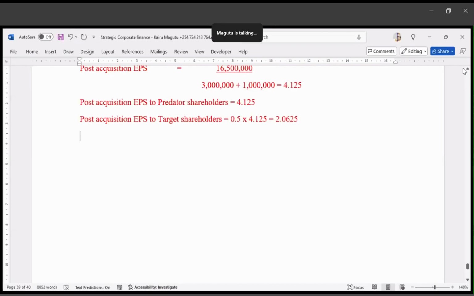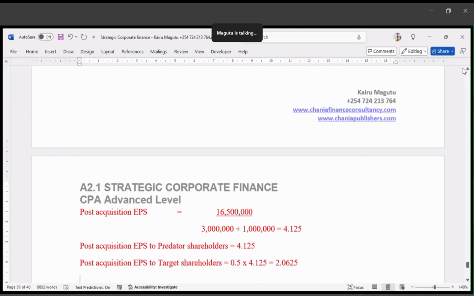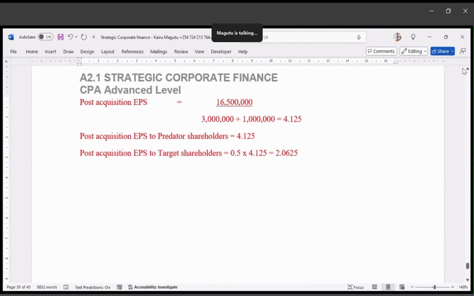Now, I want us to have a summary so that I can explain. We have X predator. X is the predator and Y is the target. So we have the EPS before merger.